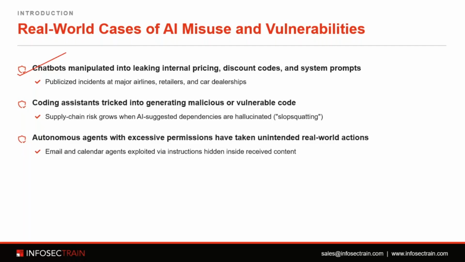Then coding assistants were tricked into generating malicious or vulnerable code. So supply chain risk grows when AI suggested dependencies are hallucinated.